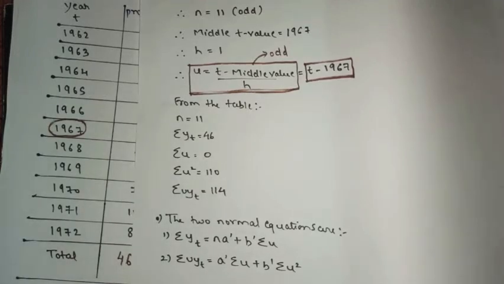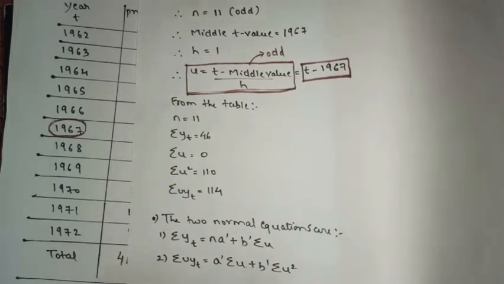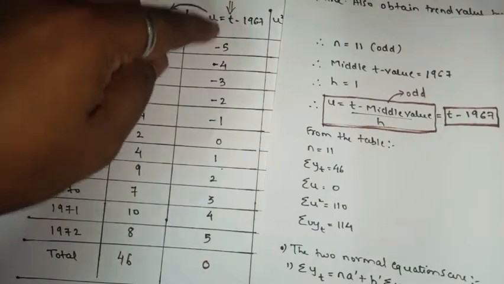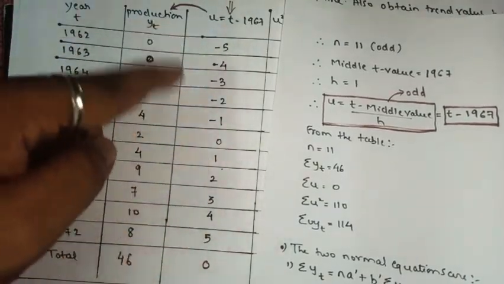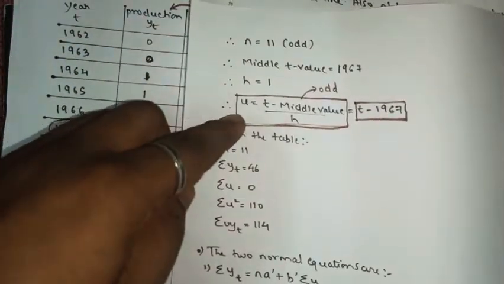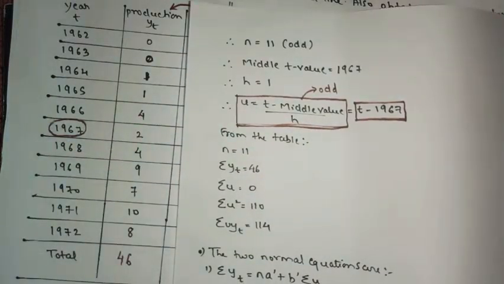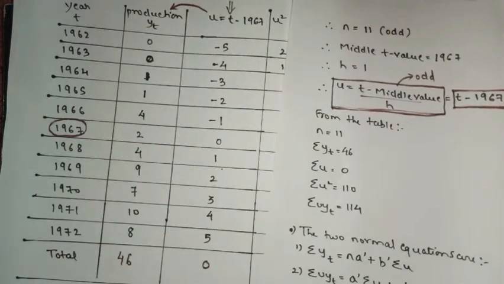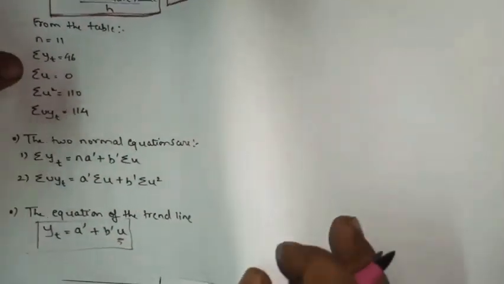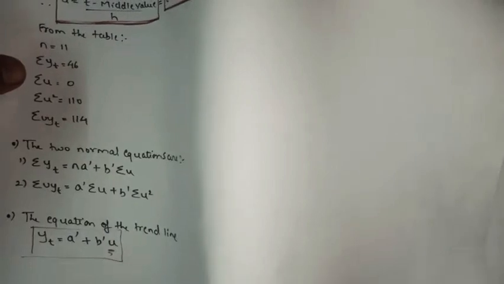Now we know what u is. U is this part, which we got by using the formula t minus middle value upon h, where a dash and b dash are the coefficients.